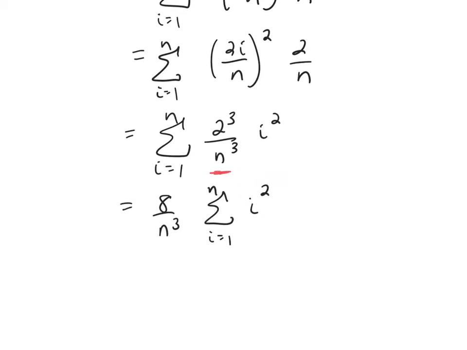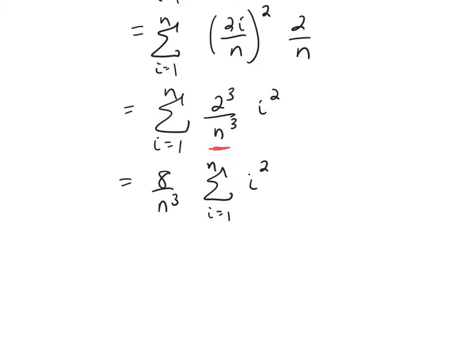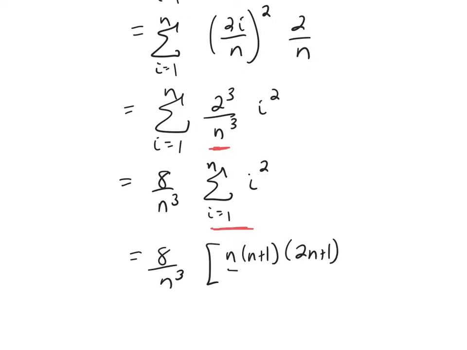And now we use our summation formula for this summation here. So look back at your formula. This is n times n plus 1 times 2n plus 1 over 6.